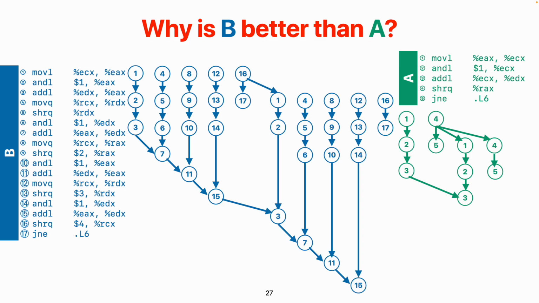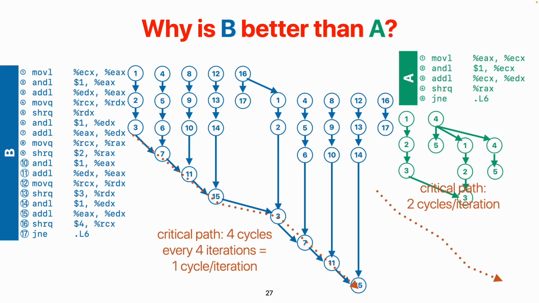Now, if you unroll this, you will figure out that, oh, wow. For this set of instructions, it takes, oh shoot, critical path, 2 cycles per iteration. Why is it 2? For some reason, I counted it as 2. For this one, I need 4 more cycles for every 4, so this is like 1 cycle per iteration.